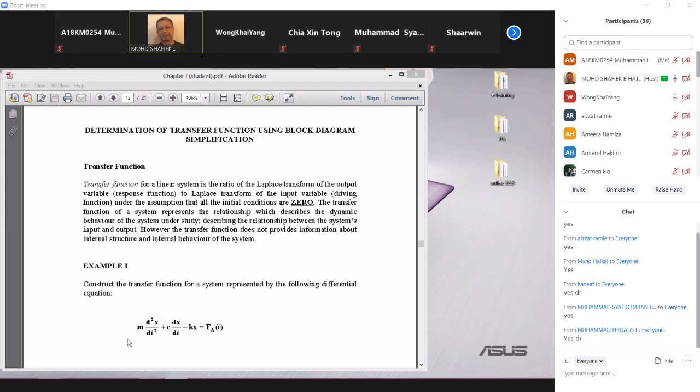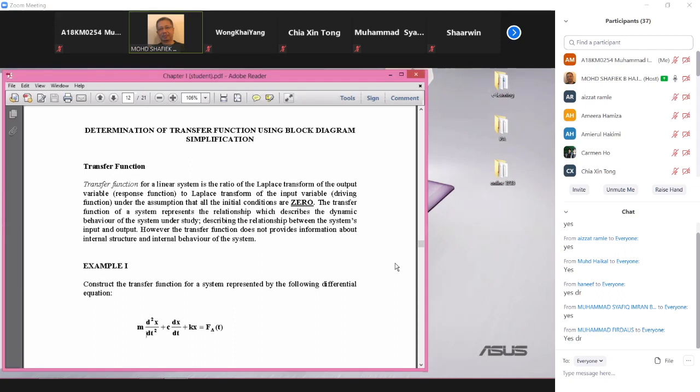Our block diagram shows the relationship between all the variables, but we can simplify the block diagram, just get the relationship between the input and output, and therefore we are going to get our transfer function. Since our block diagram is not the same for everybody, but when we simplify our block diagram, we are going to get the same transfer function. After this, we are going to solve the system response using the transfer function that we get.